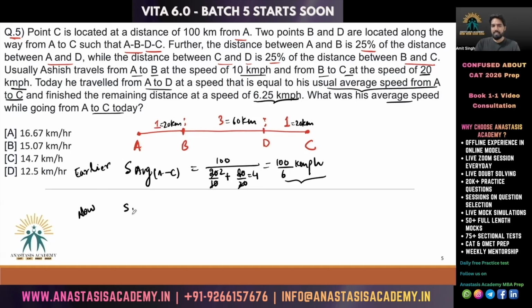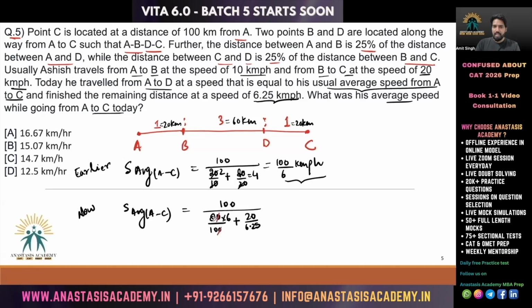Now, the average speed from A to C would be total distance, which is 100, upon total time taken. First he goes from A to D, and this distance is 80, and he travels at a speed of 100 by 6, plus the next part, DC, that is 20, at a speed of 6.25, right? Let's just calculate this value.